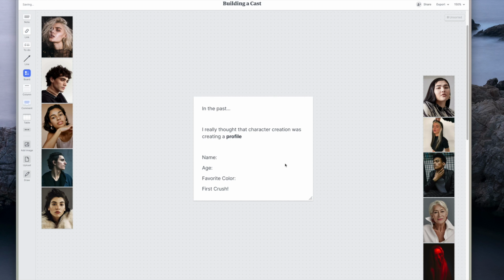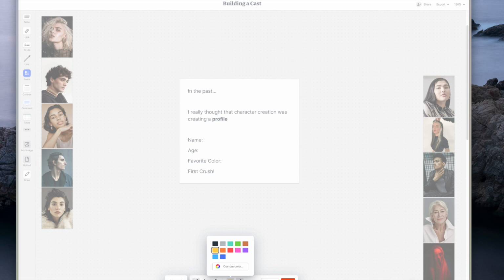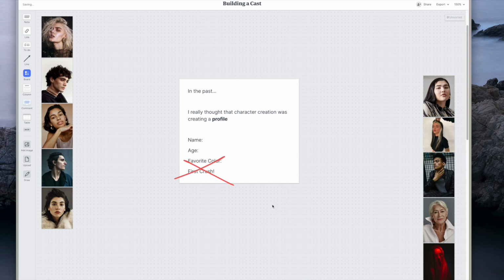I used to spend so much time filling out 100 questions for each character, and it's just not it for me. This does not work. Favorite color and first crush, I don't know. I have such a hard time figuring out everyone's favorite color for some reason, and answering all these other questions that I just didn't feel mattered to the story.